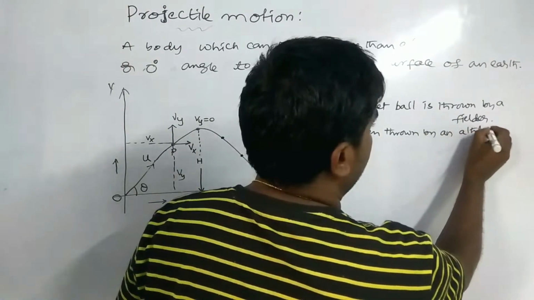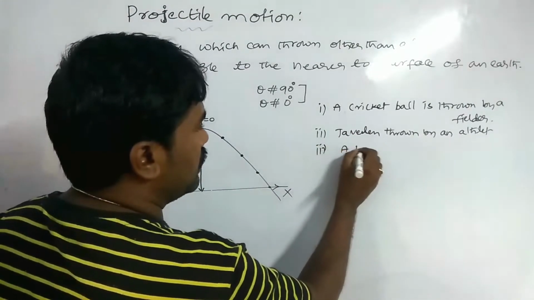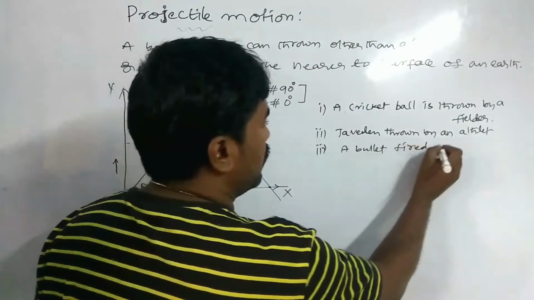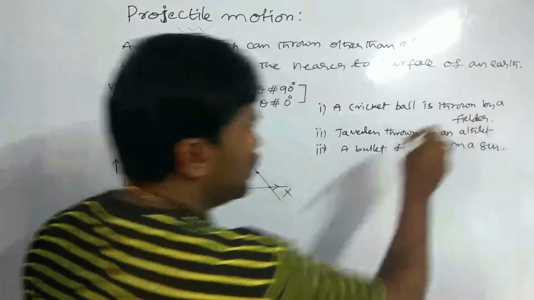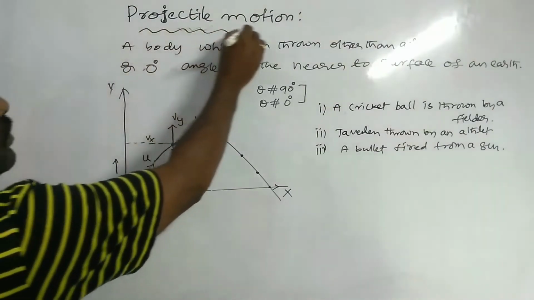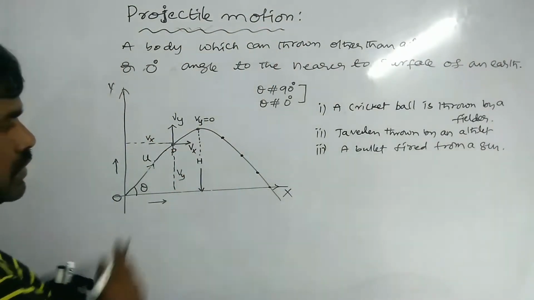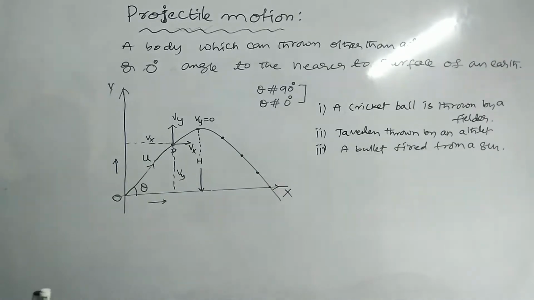And also a bullet fired from a gun. These are all examples of projectile motion. Right, so let us see what the path of the projectile is.